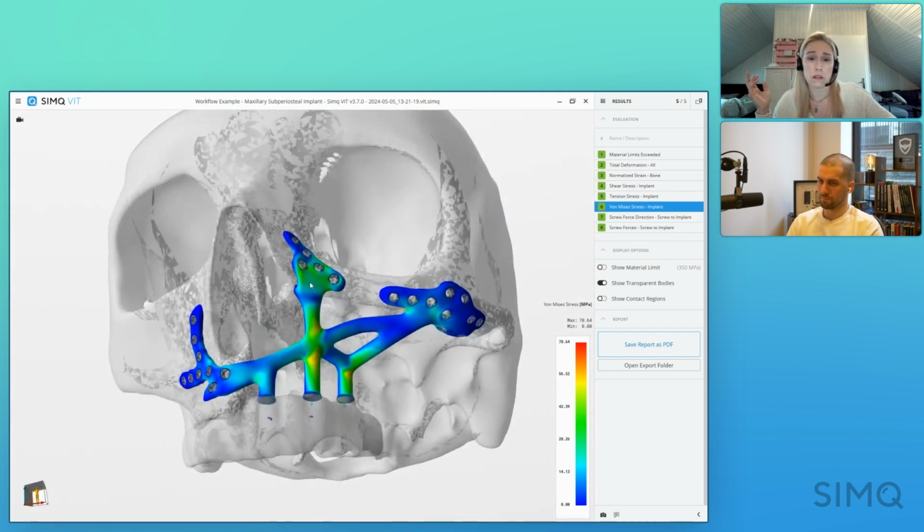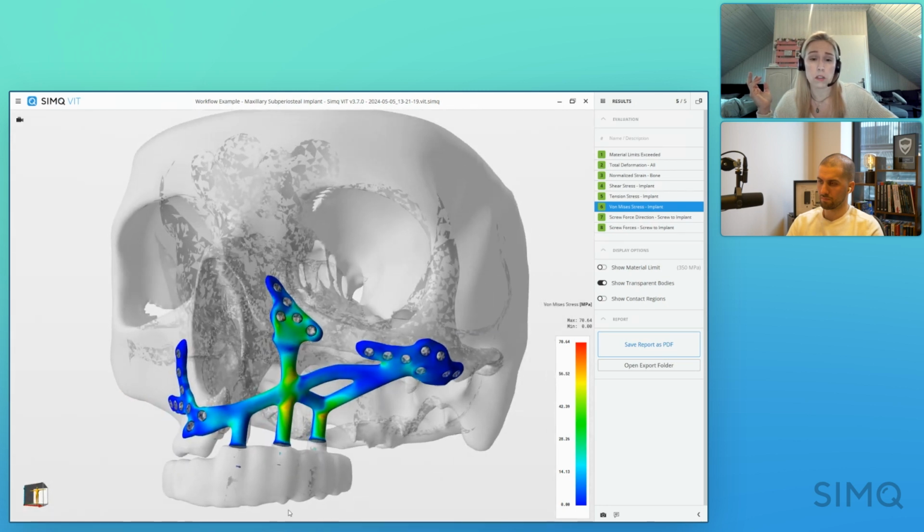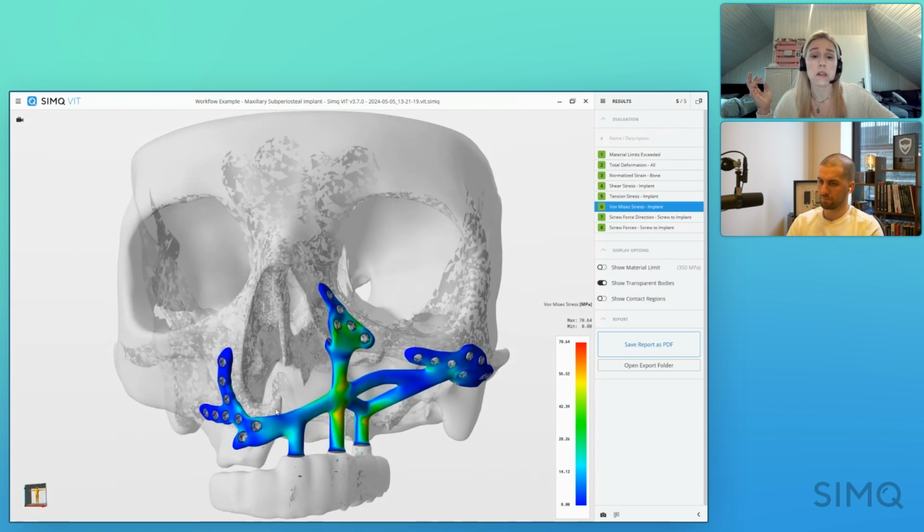So you can see here that the implant is taking stress, but there's no red. These parts look good, and this would be a good quality design, because you do intend some deformation where the load case is, but it's dispersed in a good way.